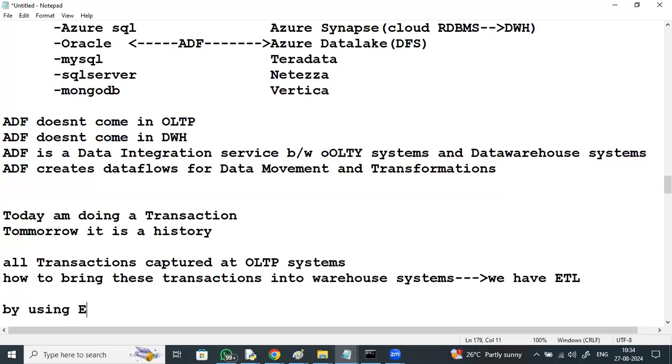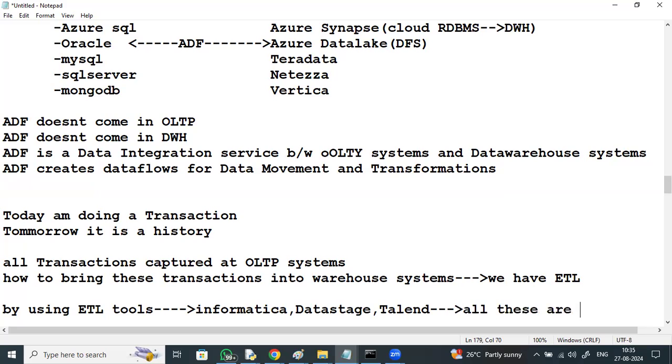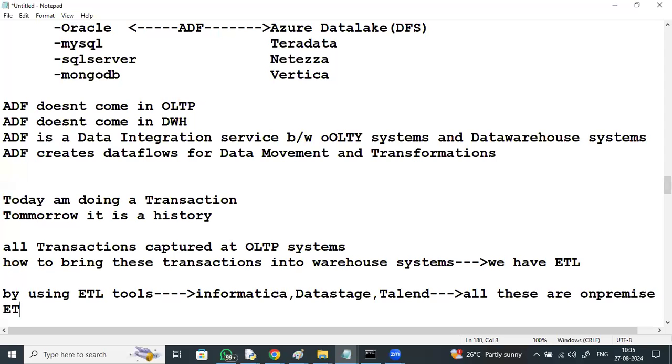What are the ETL tools? Informatica, DataStage, Talend, ODI. Whatever it is, all these are on-premise ETL tools.